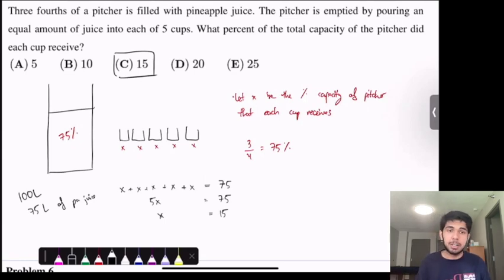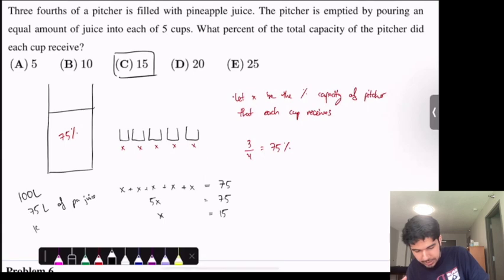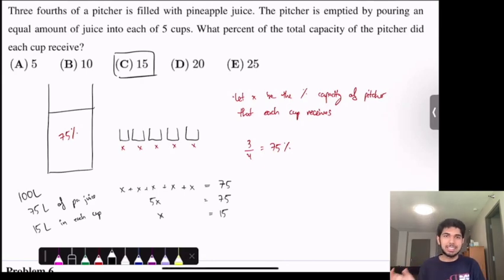We can divide that number by 5, we get 15. So we'll get 15 liters in each cup. And then we need to figure out what percent of the total capacity of the pitcher each cup receives. Each cup is 15 liters. The capacity of the pitcher is 100 liters. 15 divided by 100 is 0.15, 15%.